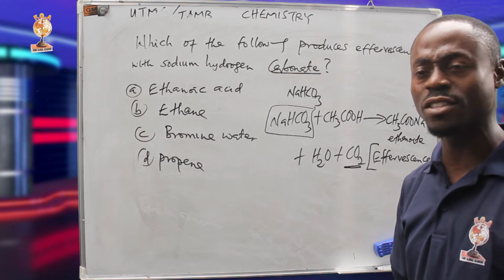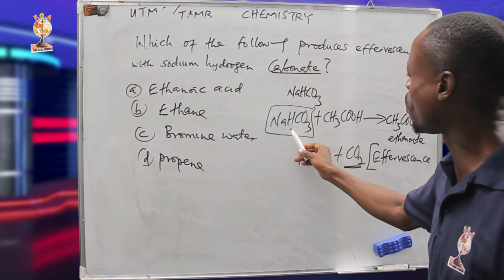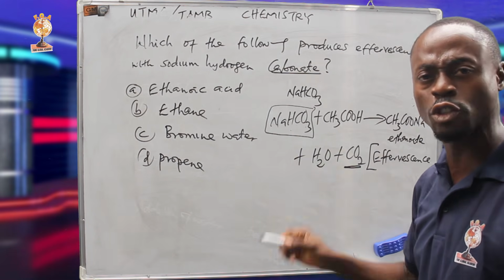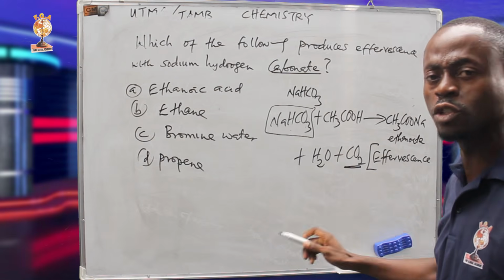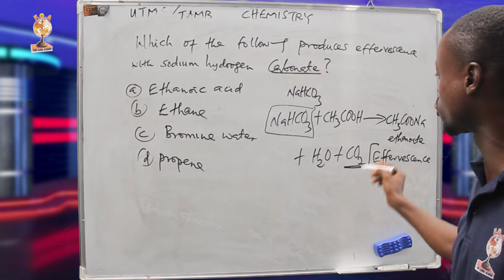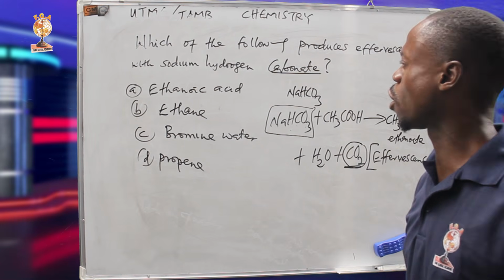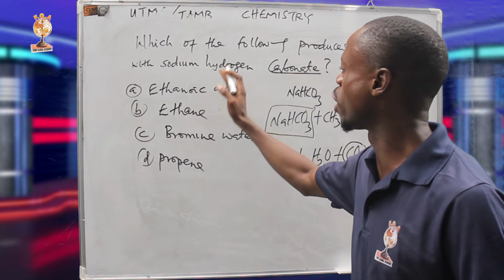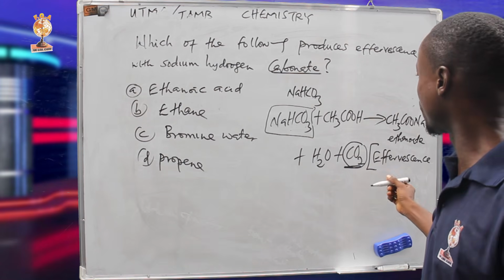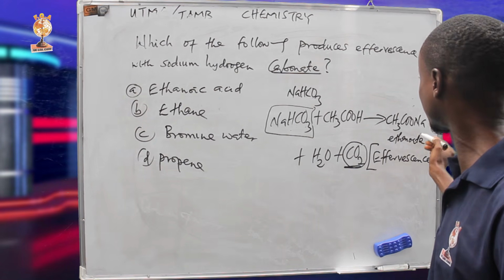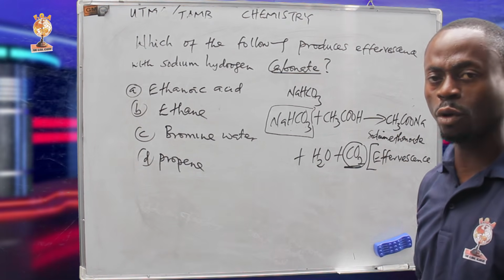So any compound that is acidic has the capacity to react with a compound carrying trioxocarbonate, and the reaction always gives off a gas, and that gas is always carbon(IV) oxide. So the correct option to this question is ethanoic acid reacting with sodium hydrogen trioxocarbonate(IV), bringing about the formation of sodium ethanoate, carbon(IV) oxide, and of course, water.